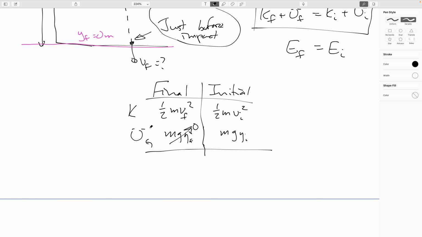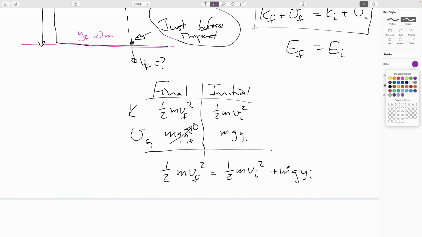So now what you just want to do is add up the after and the before columns and equate. 1/2 mv final squared equals 1/2 mv initial squared plus mg y initial. And thankfully, since I never specified what the mass was, we happily discovered that the mass cancels.